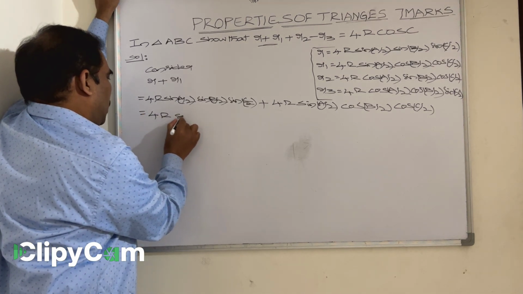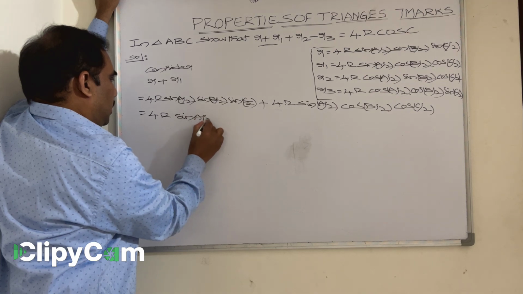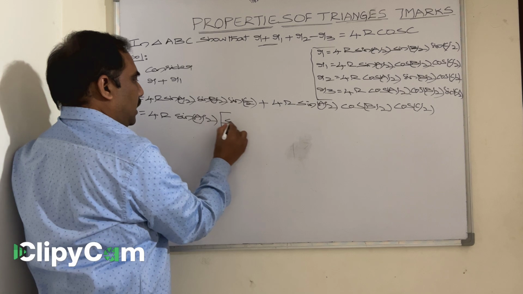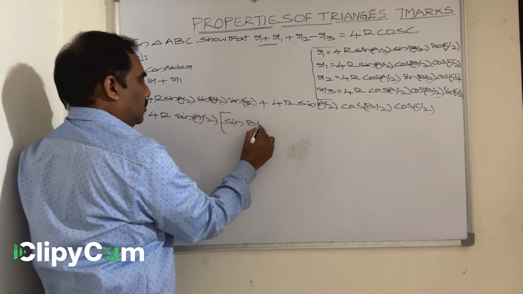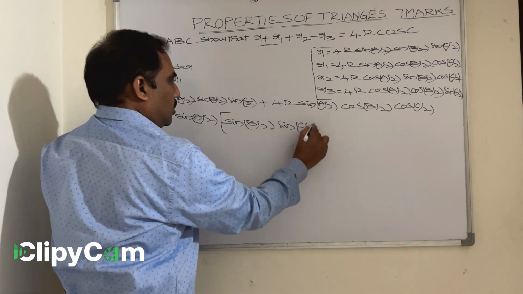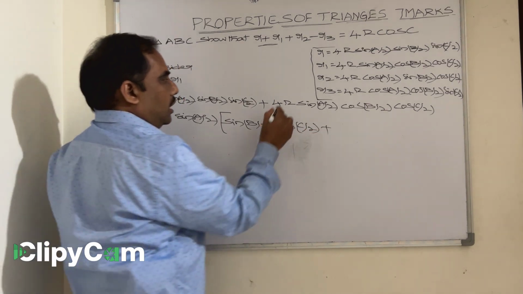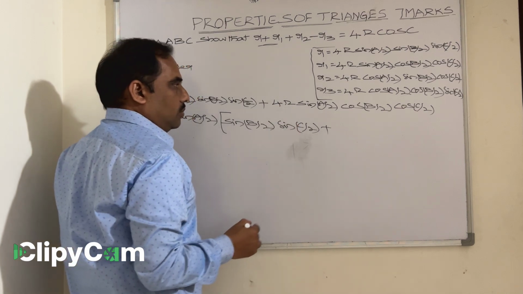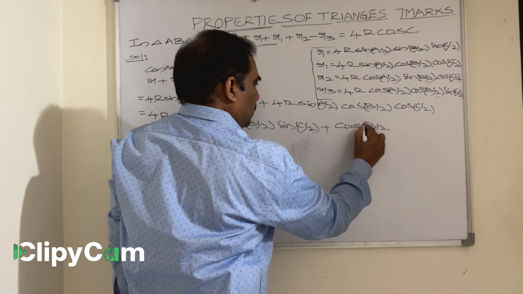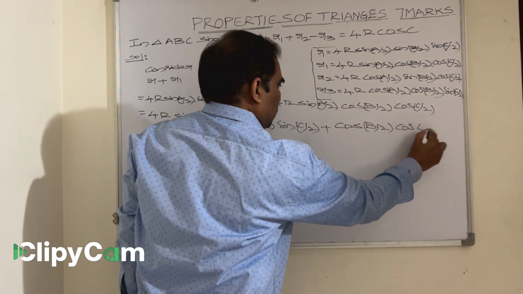You take 4R sin A by 2 common, then we get sin B by 2 into sin C by 2 plus cos B by 2 into cos C by 2.